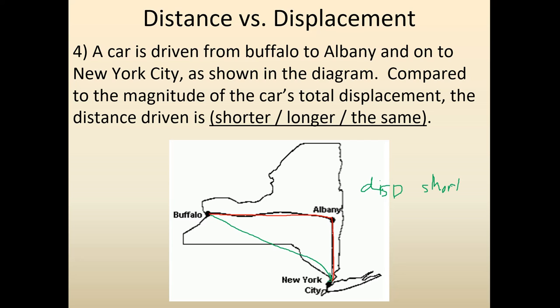It's the shortest distance between 2 points. So if you're not traveling along the displacement, you're traveling a farther distance. So compared to the displacement, the distance is longer. The distance is longer.